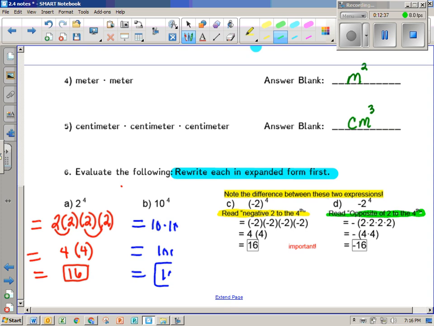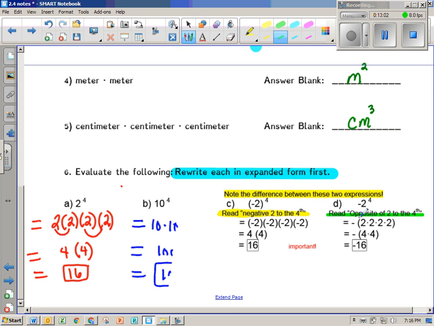Because this one, the reason I know that the -2 is not part of what's being raised to the 4th power is because the negative is not in parentheses. So the 2, which is right next to the 4, it is what is being raised to the 4th power. This negative is just sort of thrown out in front.